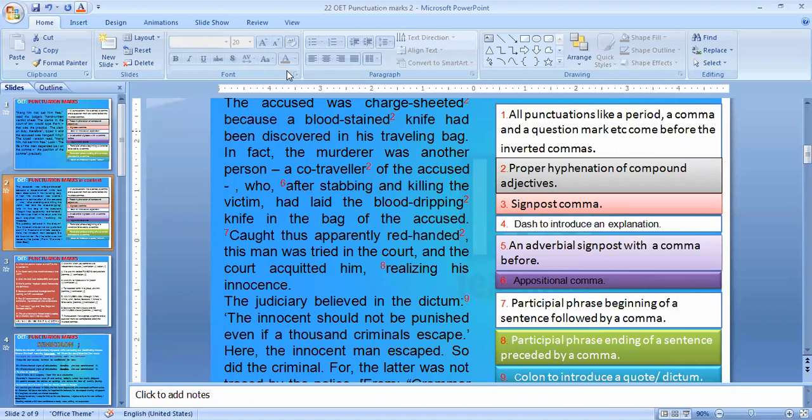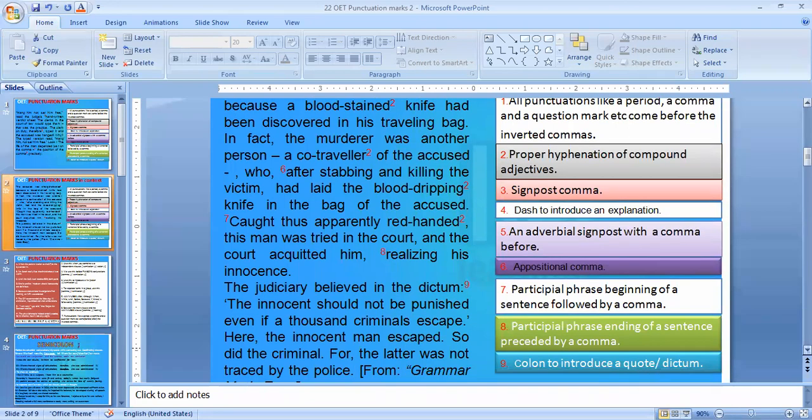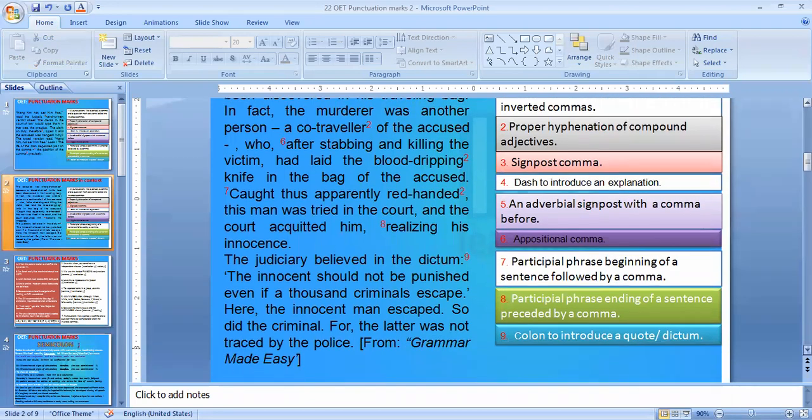Caught thus apparently red-handed, this man was tried in the court, and the court acquitted him, realizing his innocence. The judiciary believed in the dictum, the innocent should not be punished, even if 1,000 criminals escape. Here, the innocent man escaped. So did the criminal, for the latter was not traced by the police.